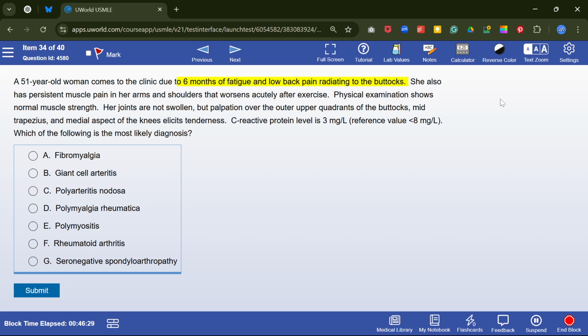But fibromyalgia, muscle pain in the arms and shoulder that worsens acutely after exercise. Fibromyalgia improves after exercise, isn't it?